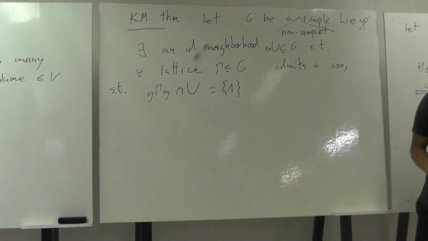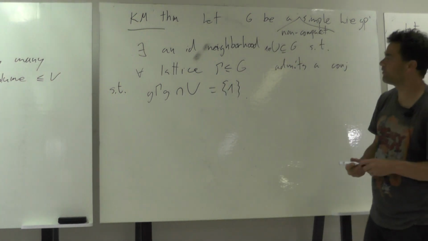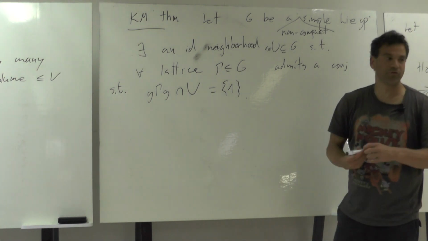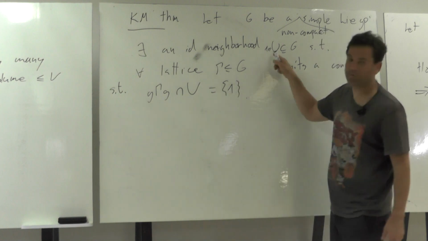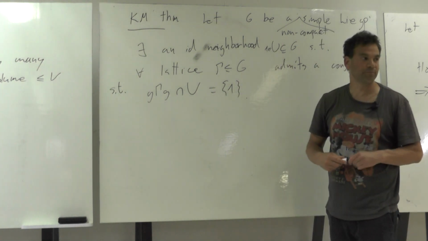So in particular, there is a lower bound on the co-volume of lattices, but more than that, you can conjugate such that the intersection with a given U, which is independent of gamma, is trivial.